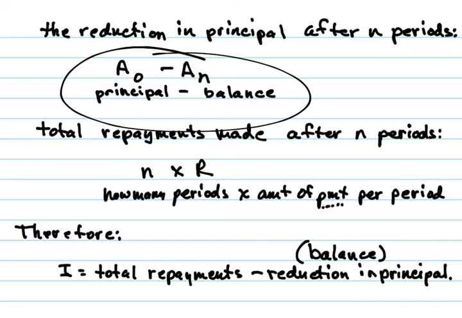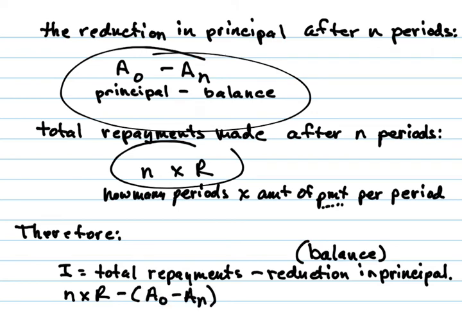And that can be expressed as a formula using both of these pieces, right? So n times R minus the principal minus the balance at a given state or given time. Okay? This particular formula is not on your formula sheet, but it will be a question that's asked of you.